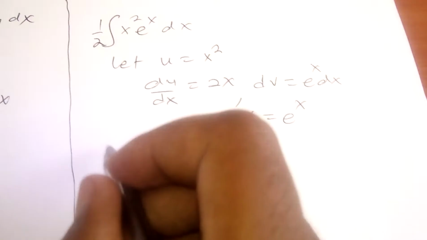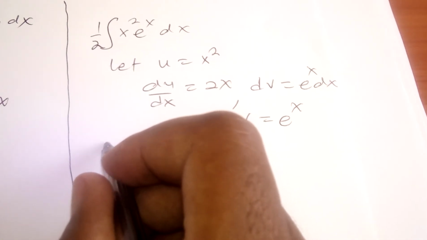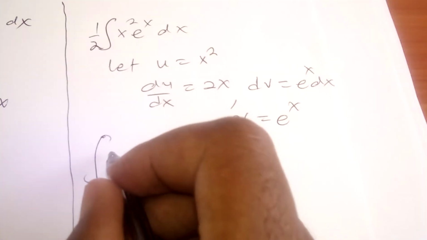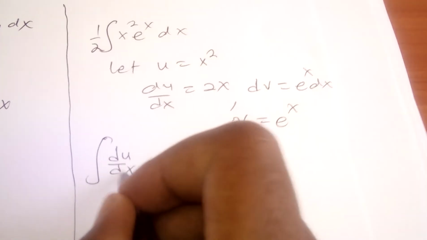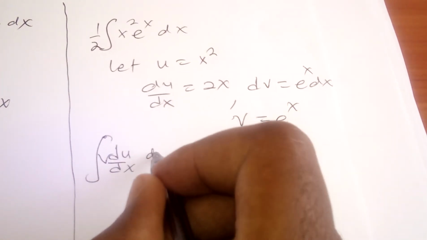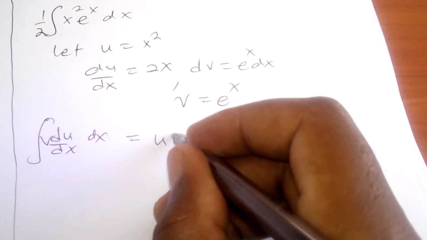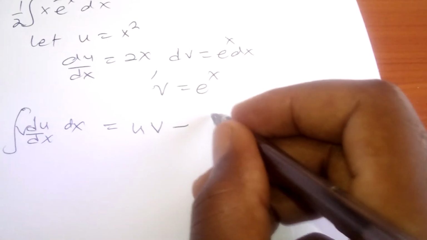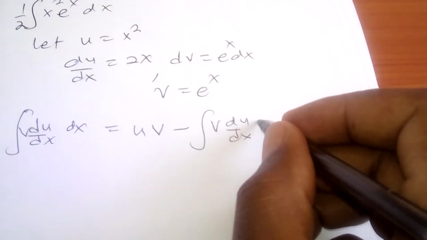So we are going to say our integral, using now the formula: if you have u times dv/dx dx, this becomes u times v minus integral of v times du/dx, then dx.